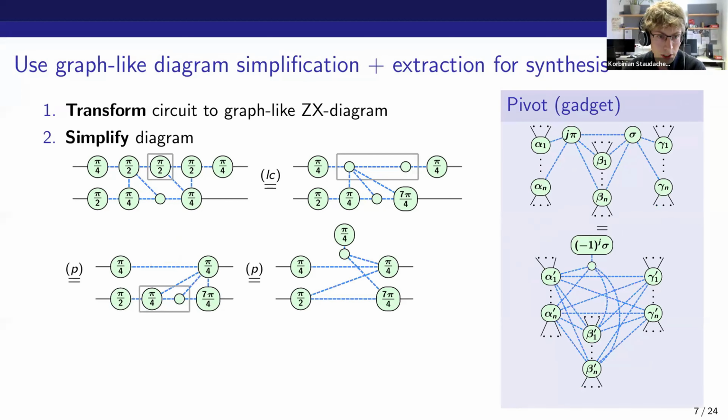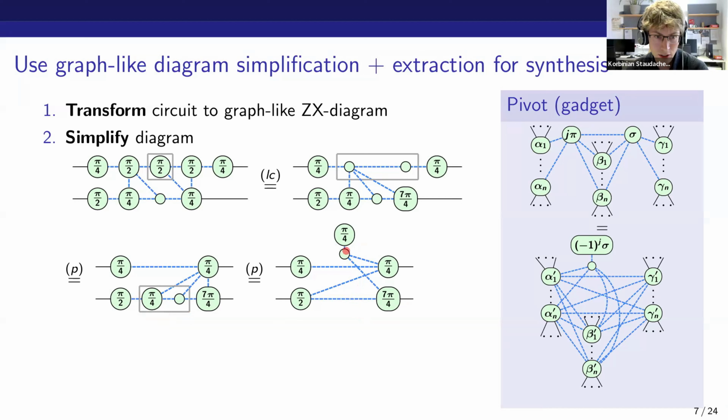And most importantly, in our case, and I will explain later why that is important, if we apply the pivot on a pair of spiders where one spider has a non-Clifford phase, we get a so-called phase gadget here.